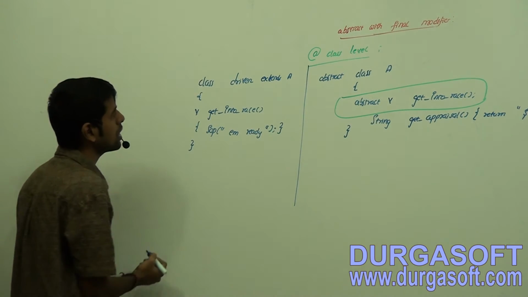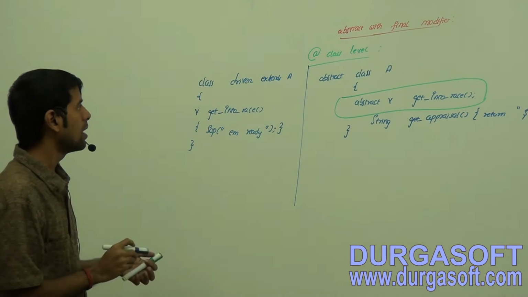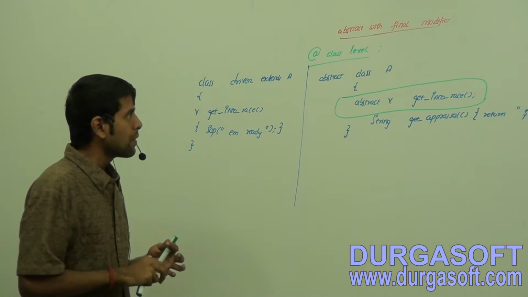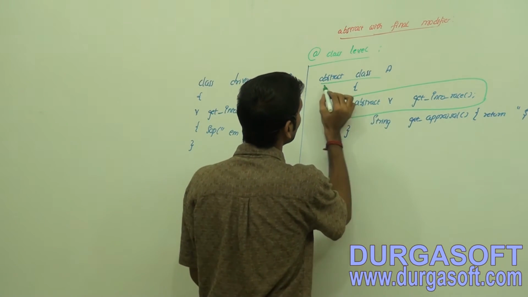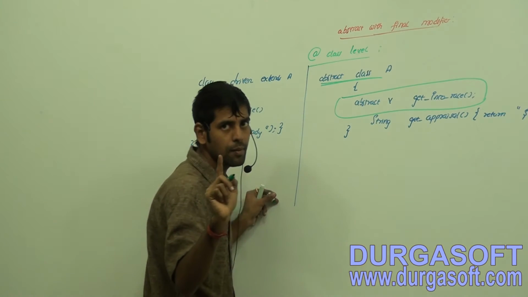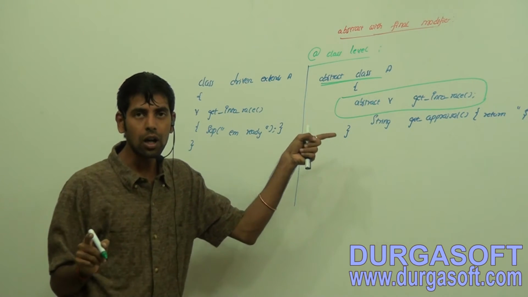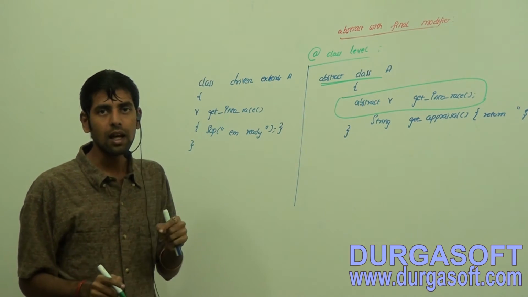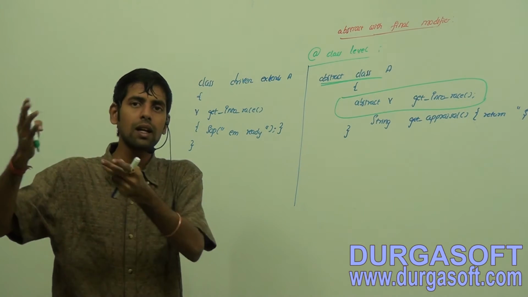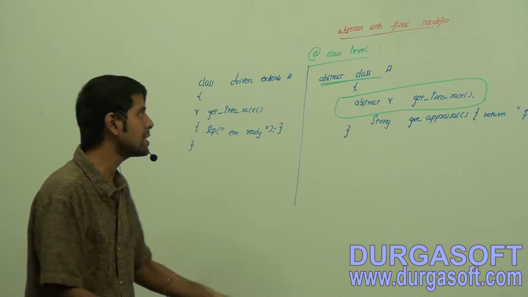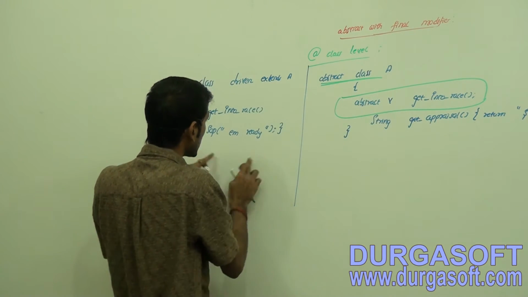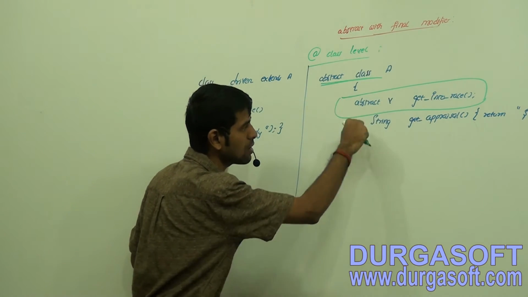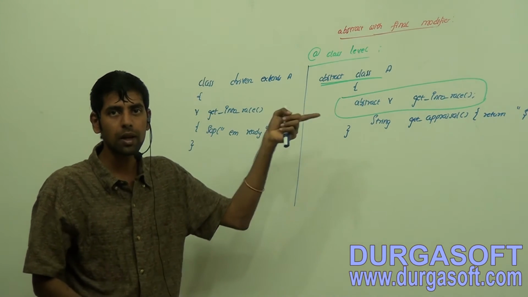Now observe here, friends: this abstract class is always making some class its child class. It is making this Driven class a child class of this particular abstract class.